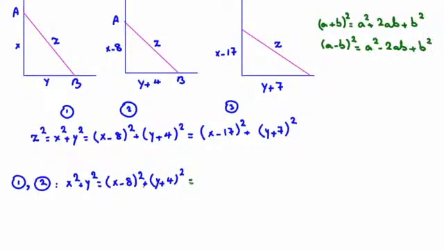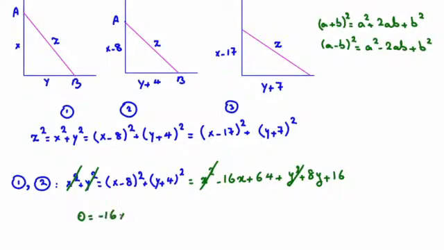Minus 2ab plus b squared. So for first one, it will be x squared minus 2 times x times 8, minus 16x plus 64. And next one is y squared plus 8y plus 16. Then we cancel x squared, we cancel y squared, and we write 0 equals negative 16x plus 8y plus, if we rearrange, 64 plus 16 is 80.